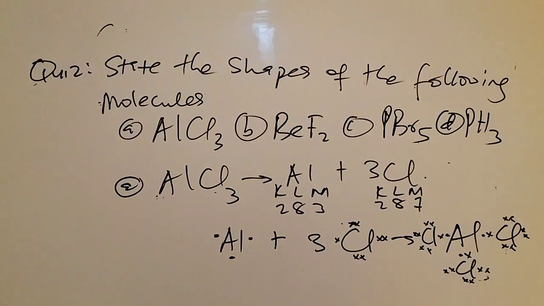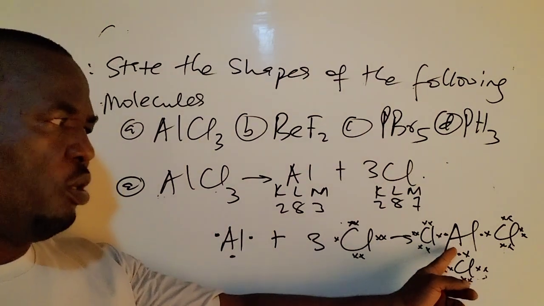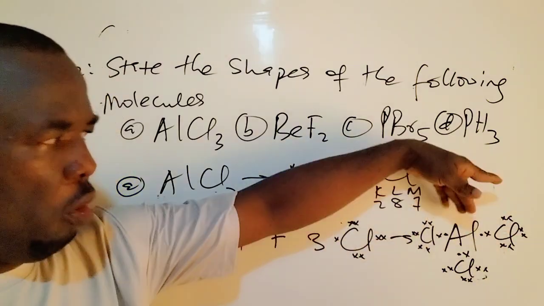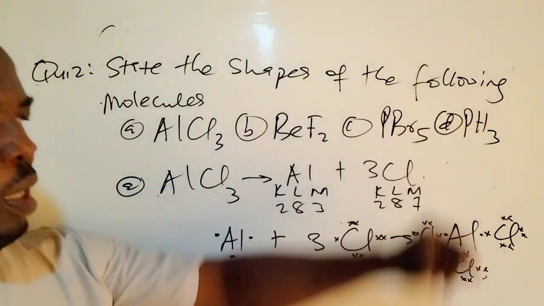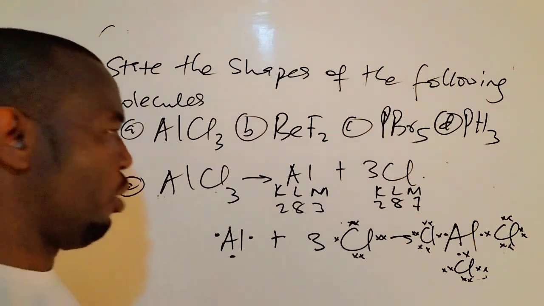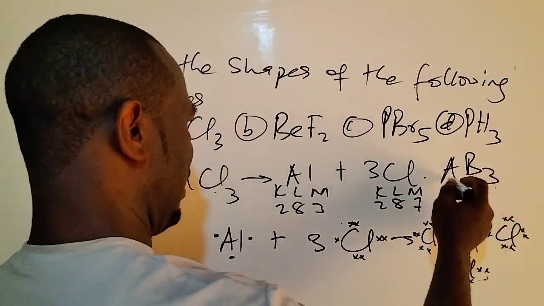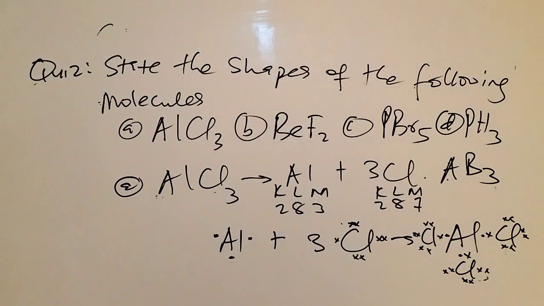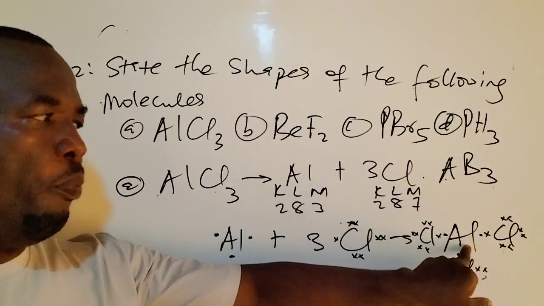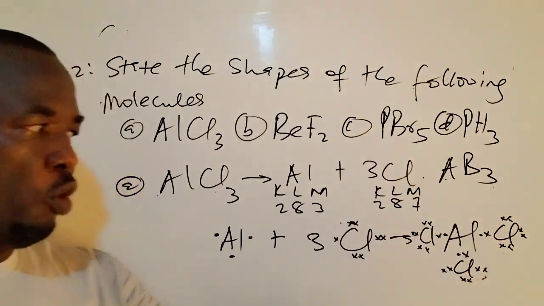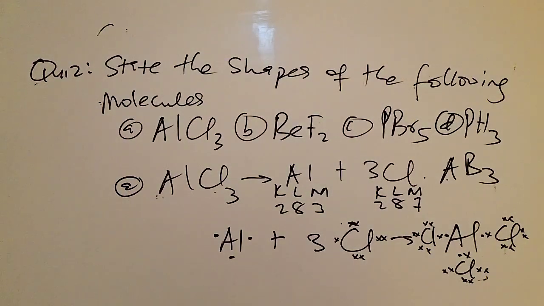What structure do you predict aluminium chloride to have? You see that the central atom, aluminium, has 3 bond pairs but no lone pair around it. And remember that I told you, look at this formula I gave you, AB3, a central atom with no lone pair bonded to 3 other atoms, that molecule has what is called trigonal planar shape.